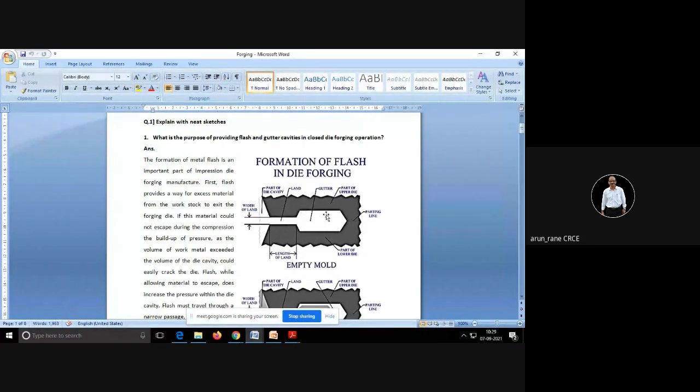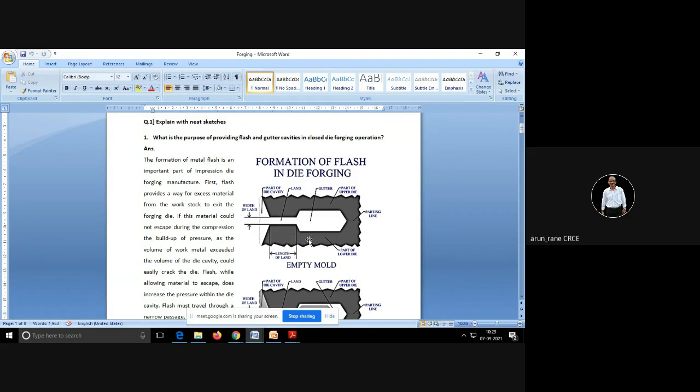So that slug is kept in between the two dies, and it will obviously have some extra material. So when the dies are closed, the extra material will come out along the parting line, and that is what is called as the flash.